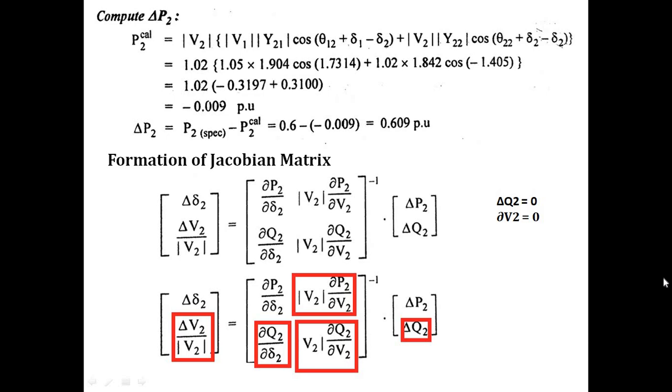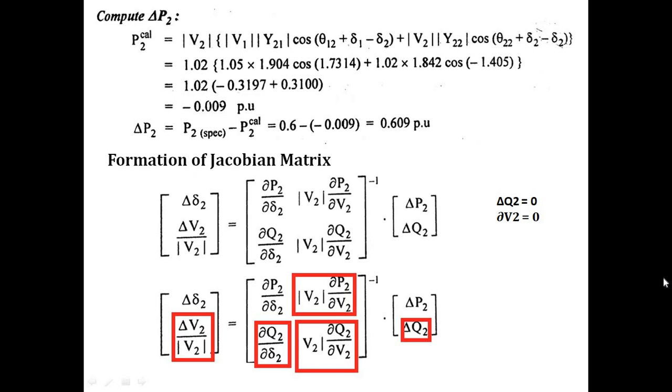Del P2 is equal to P2 specified minus P2 calculation is equal to 0.6 minus minus 0.009, that is equal to 0.609 per unit.